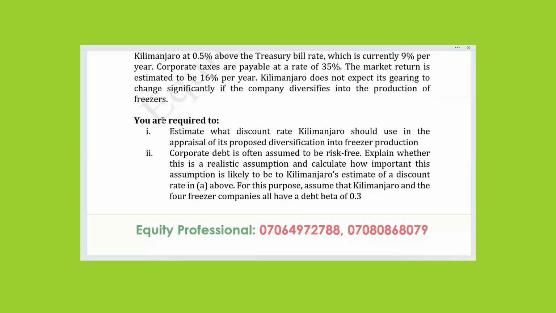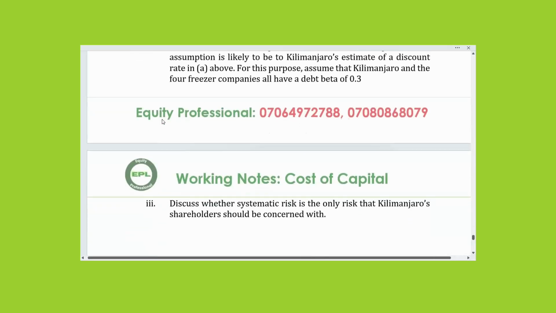Explain whether this is a realistic assumption and calculate how important this assumption is likely to be to Kilimanjaro's estimate of a discount rate in A above. For this purpose, assume that Kilimanjaro and the 4 freezer companies all have a debt beta of 0.3. 3. Discuss whether systematic risk is the only risk that Kilimanjaro's shareholders should be concerned with.